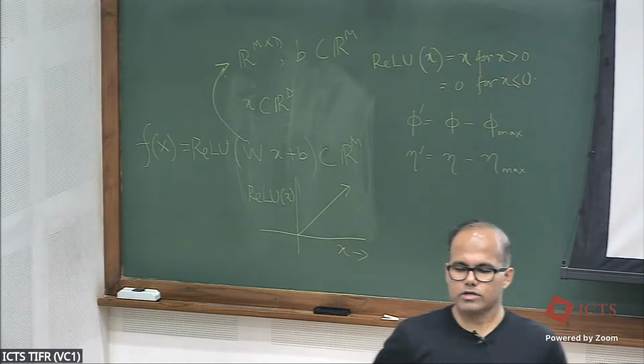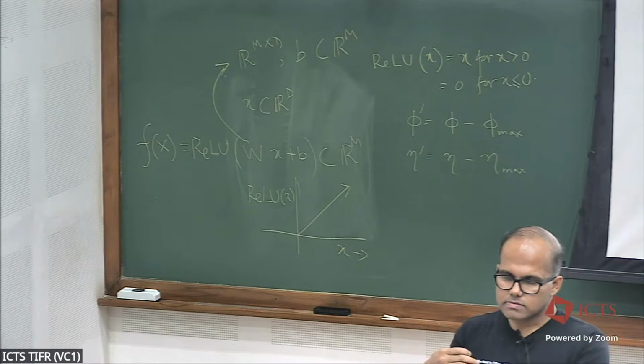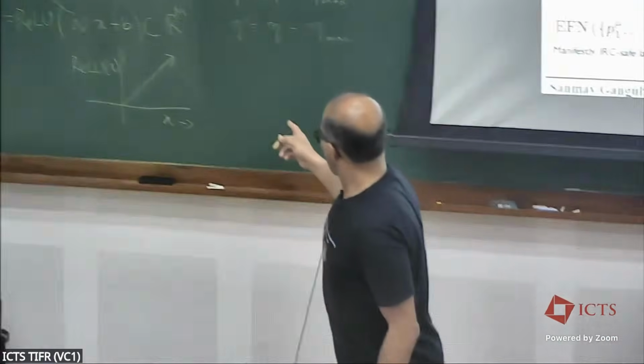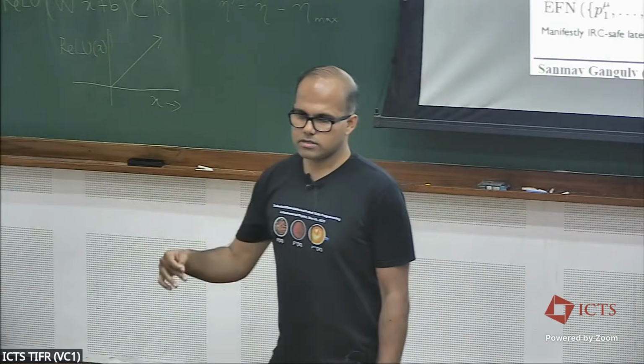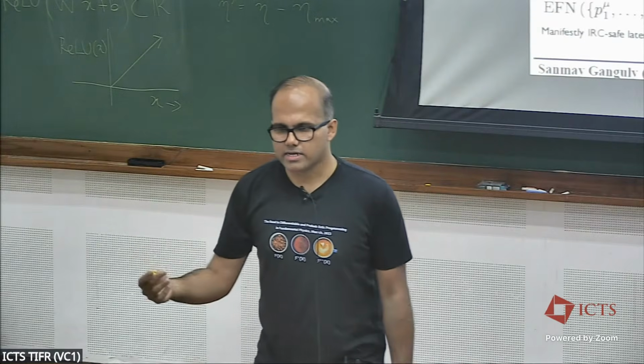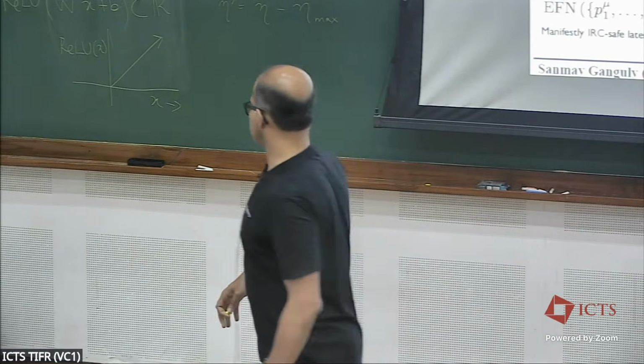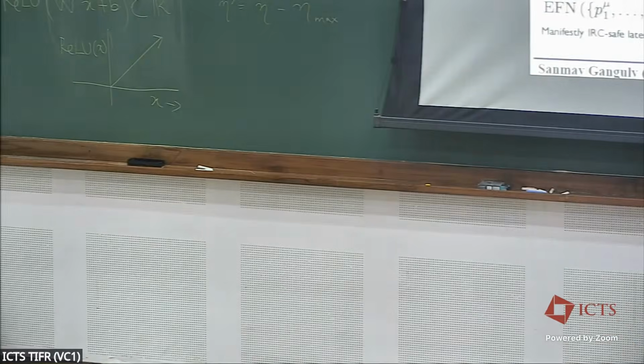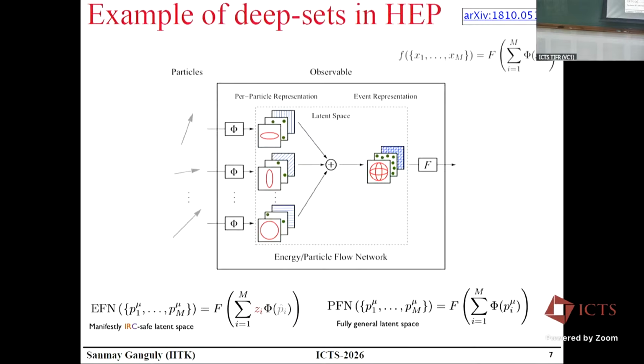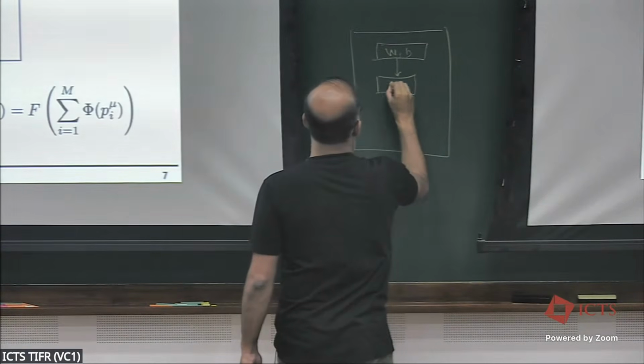Okay. Now, what you do is keep making stacks of a linear transformation and then a nonlinear activation function. When you make such a stack, let's say you have a little box where you have a linear pass through a ReLU or some activation function.